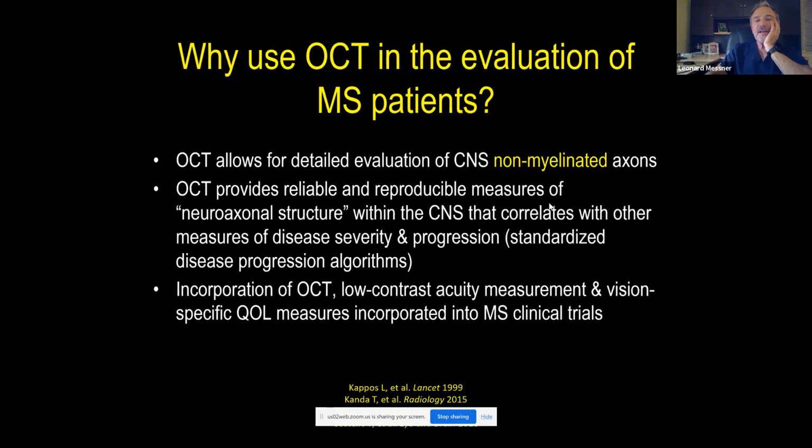And that's why OCTs are now becoming mainstream as part of the protocol in the evaluation and management of patients with multiple sclerosis.